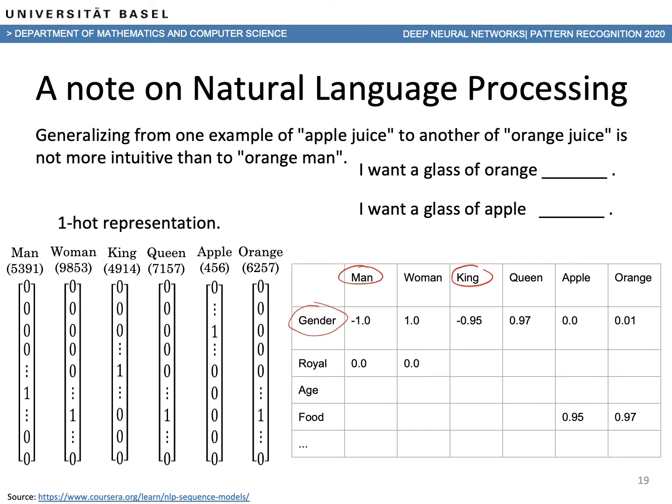They might not have a gender, so they will just have a value of 0. At the same time, some people are royal: a man might not be royal and a woman might not be royal, but both king and queen are royal titles, so they might be close in this feature instead. This is just the high-level intuition about why one would like some kind of word embedding.